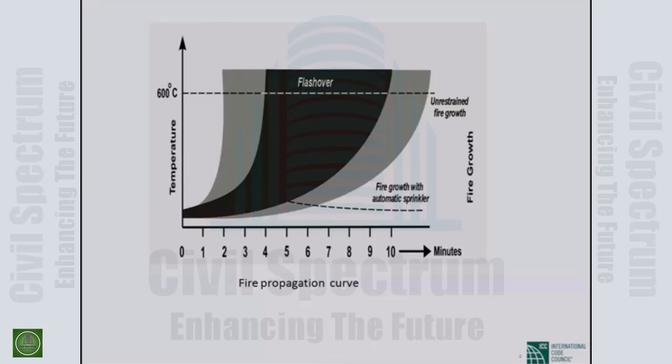Within 2 minutes it will flash over, and it varies with the type of contents in the building. It may be liquid fuel or any substance. So the fire propagation time to reach flashover varies from 2 minutes to 10 minutes.